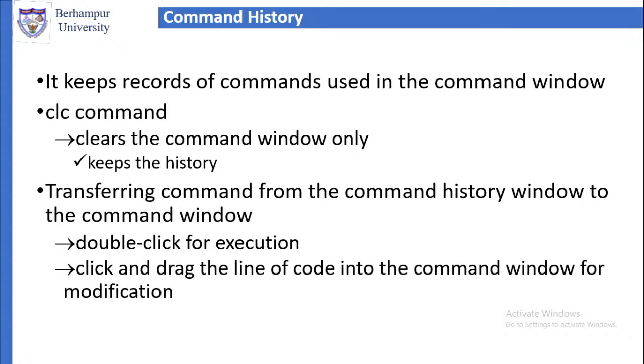Otherwise, you can go straight to the command history window. There you will see the commands that you have used earlier. Choose the command that you want to use, move your cursor onto that command, then double click on it. If you double click on that command, it will be executed.